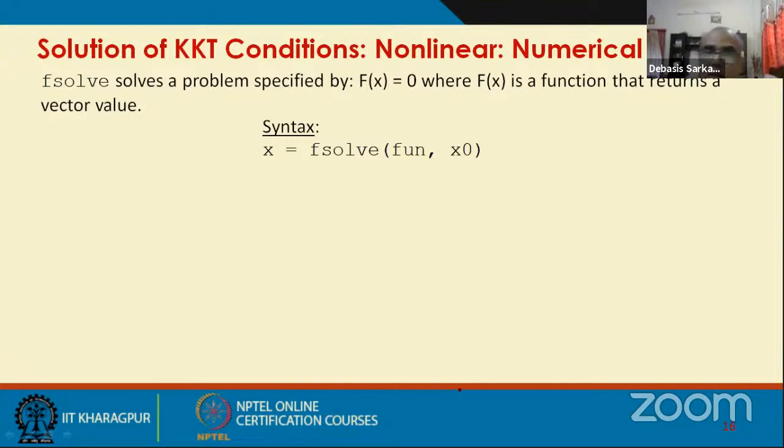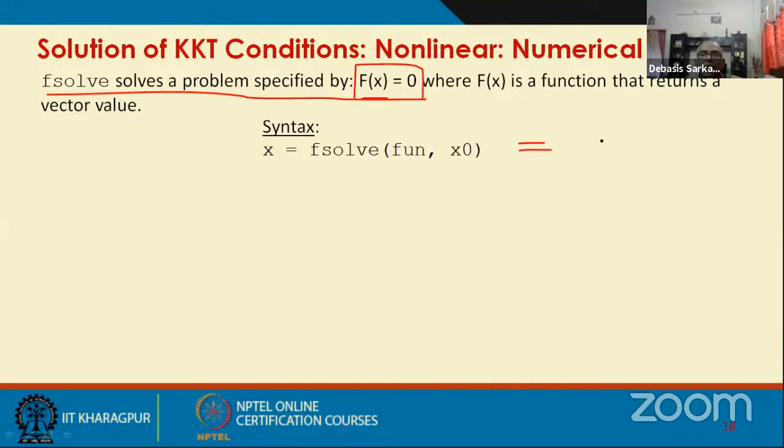So the minimum syntax that is required is this. Before that, this fsolve function will solve a problem such as f of x equal to 0, where f of x represents a set of functions. So f of x will return a vector value.